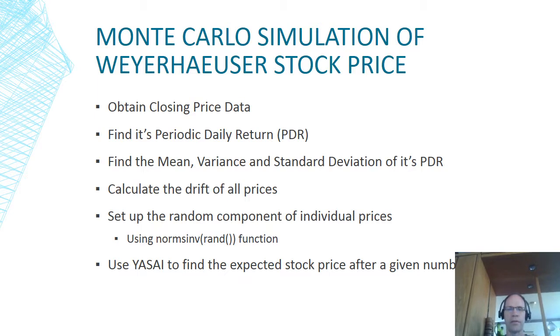I had to calculate what's called drift of those prices, and then set up the random component of those prices for future calculations, and then used the Yosai tool to automate the iteration of those simulations. And if it sounds complicated, it actually kind of is. If you're interested in learning more, I highly recommend watching that YouTube video. I've got a reference to it at the end of this slide deck.